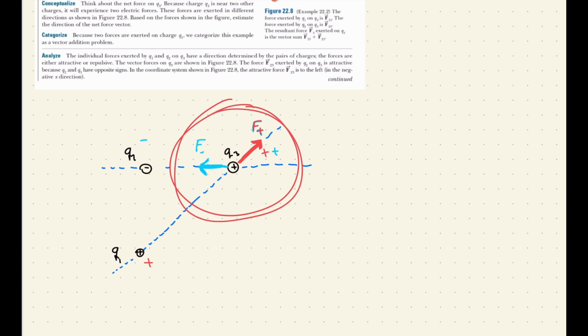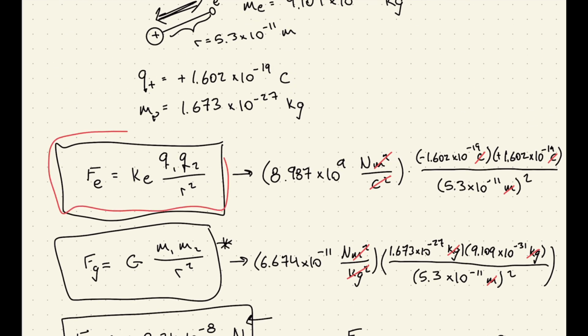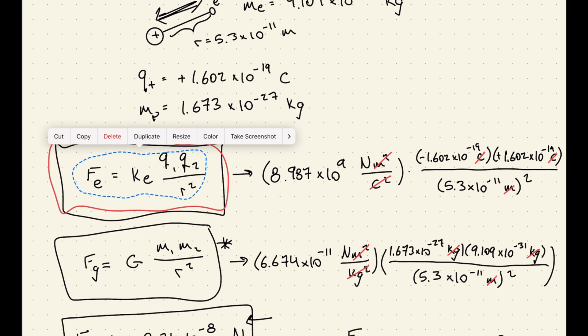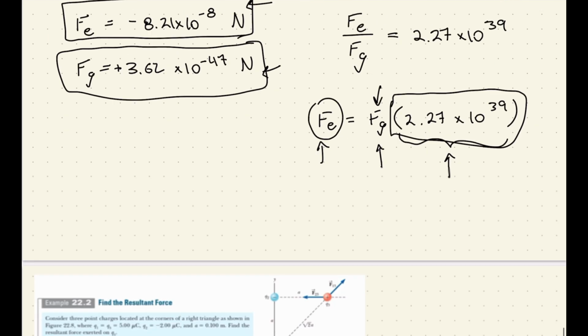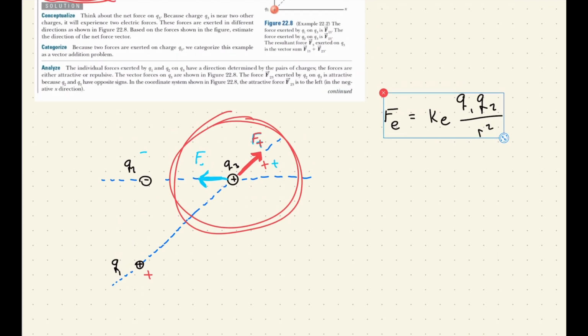So let's find these forces. Well, first of all, it is the same thing as what we had before, this equation here, right? So let me just copy this equation. We have charged particles. In this case, we have a repulsive force and an attractive force, so we're going to do it separately. Let's start with the first one.